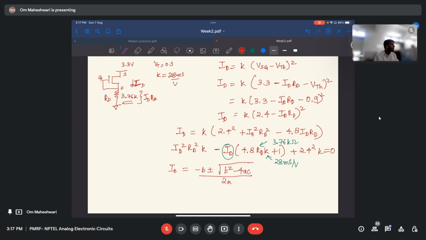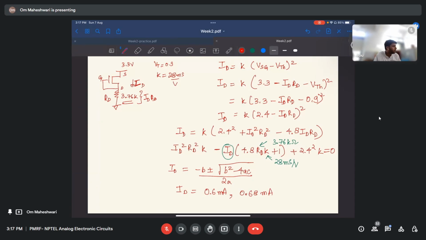If we solve this, we will get two values of ID. Since it is a quadratic equation, it will have two roots. I'll leave it to you to solve this. I will write the answers: 0.6 milliamps and 0.68 milliamps. So we will get two answers for ID. Which one is correct?